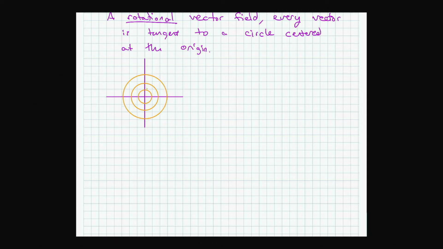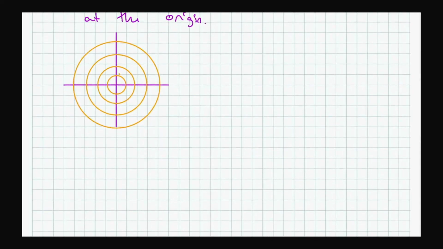They are just circles. The point that I'm trying to make is that on a rotational vector field, every vector follows that curve. So right here, for example, the vector would point straight up. Right here, straight up. Right here, oh, actually right there wouldn't be any.